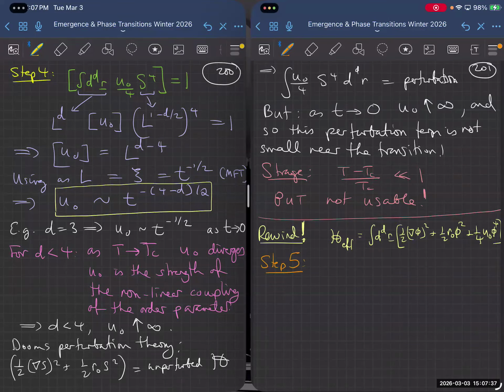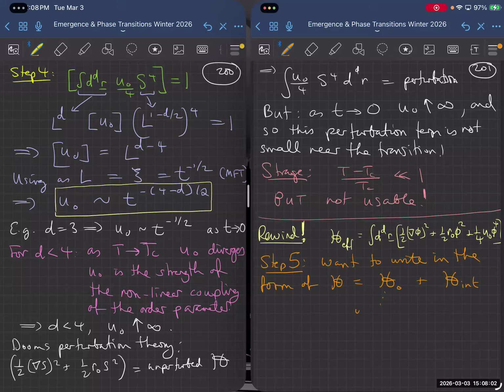So this step 5 is this. What we want to do is get this into the form of H equals some H naught plus some H interaction.